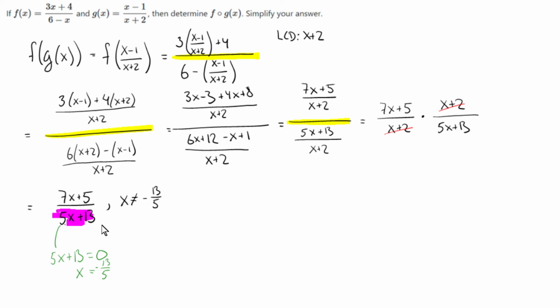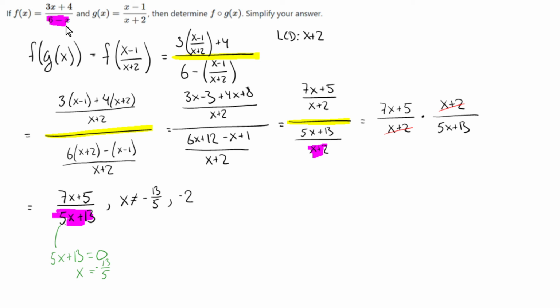And now we have to go backwards all the way to the beginning and check if there are any additional non-permissible values. We can see that we have x plus 2 in the denominator throughout here. So that's going to be another non-permissible value, negative 2. And if we go all the way to the beginning, we have 6 minus x.